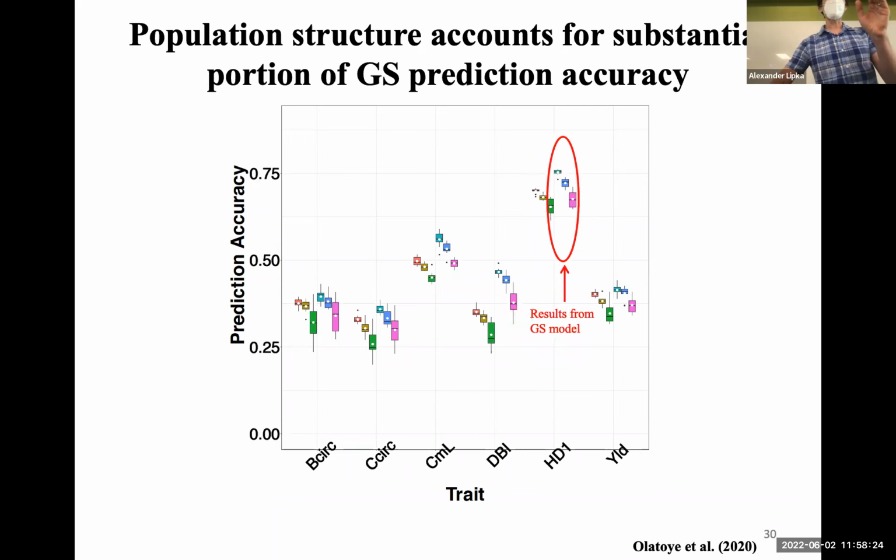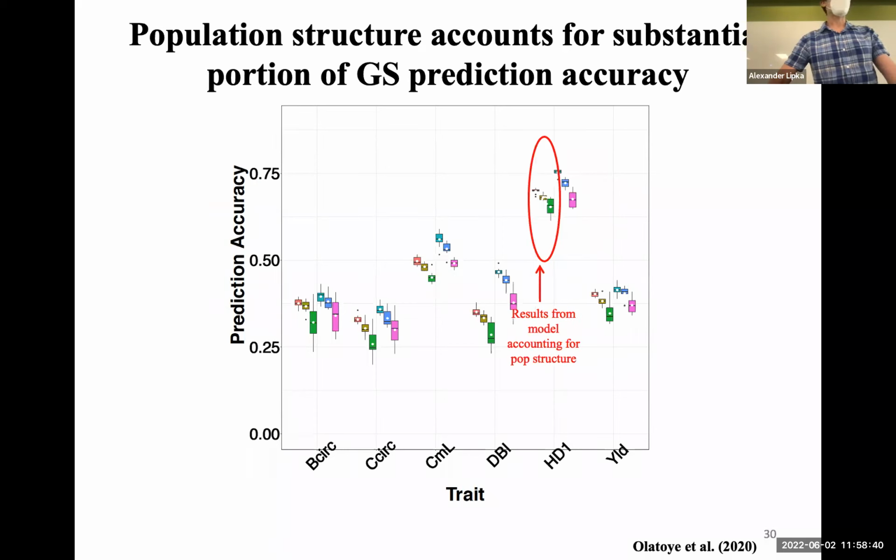I'm trying to toggle back and forth and I'm messing it up, but these look similar, right? We're seeing similar prediction accuracies from a tailor-fitted model designed to account for population structure versus a model that accounts for the entire genetic merit.